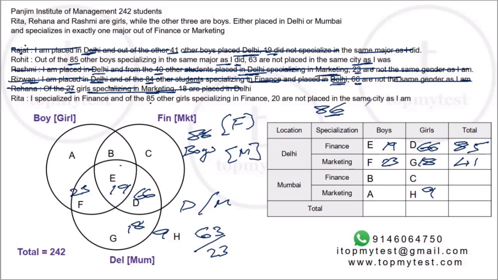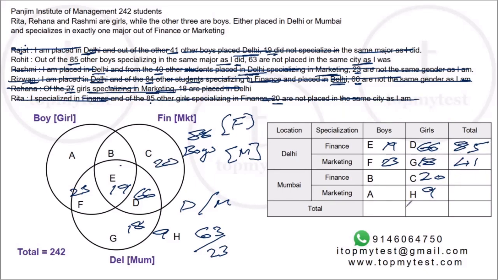So C and D. Now out of C and D, I already know D. So C should be 20. Right? And you can verify 20 are not placed in the same city as I am. So which means Rita is basically placed in Delhi.